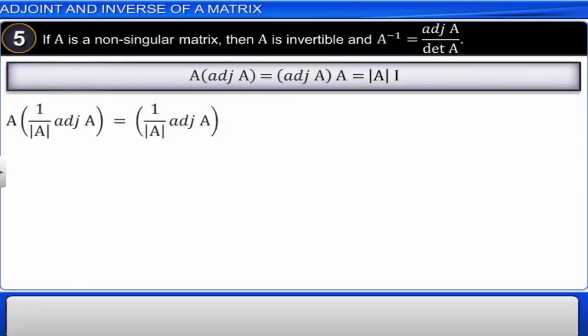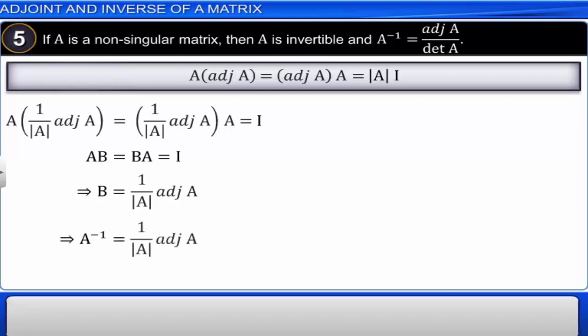Now, comparing this expression with the expression A into B is equal to B into A is equal to I, we see that B is equal to adjoint of A divided by determinant of A. And as per the definition, B is the inverse of matrix A. So we have A inverse is equal to adjoint of A divided by determinant of A.